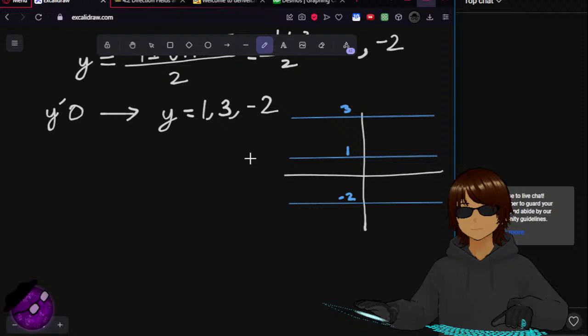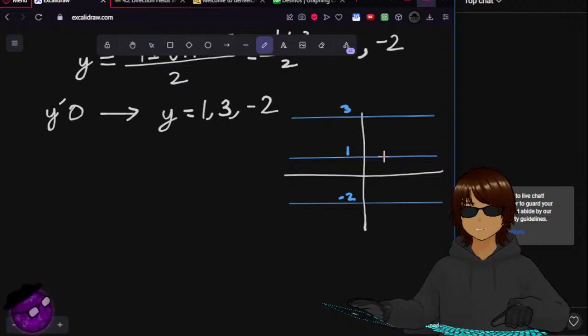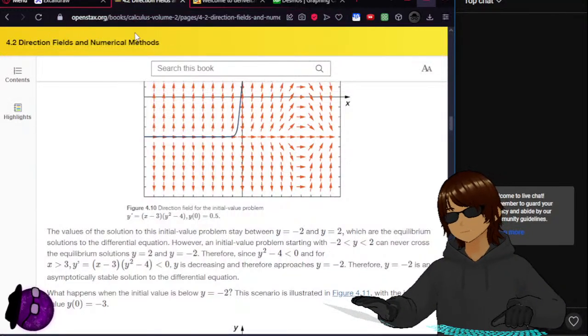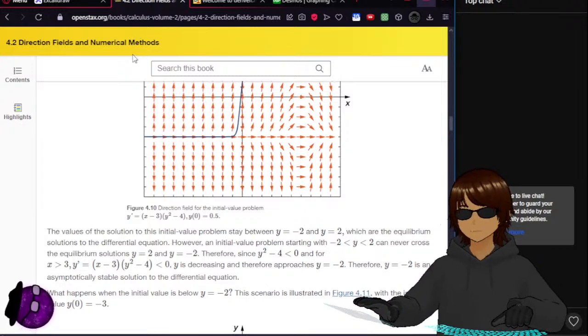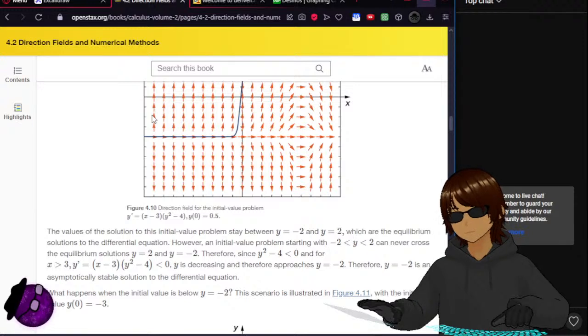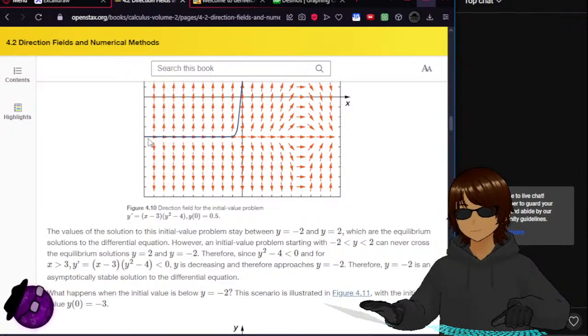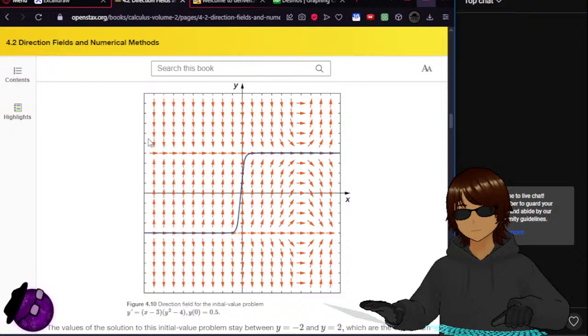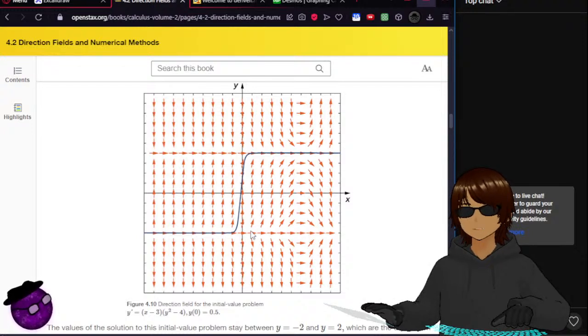So now what? The arrows are going horizontal, either this way or this way. It doesn't matter. We always display the arrow going right, right? Because we are displaying an increase in x.